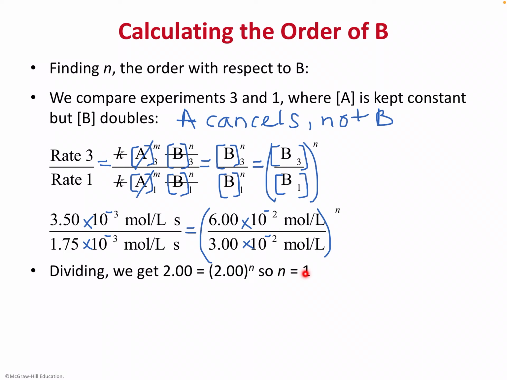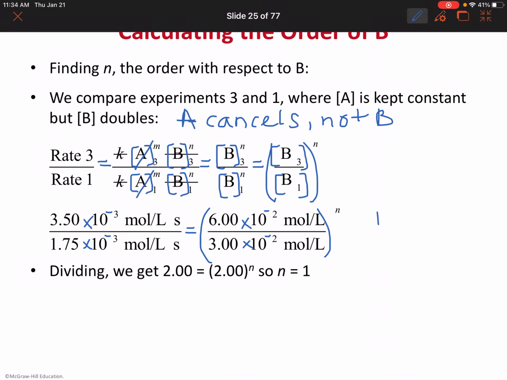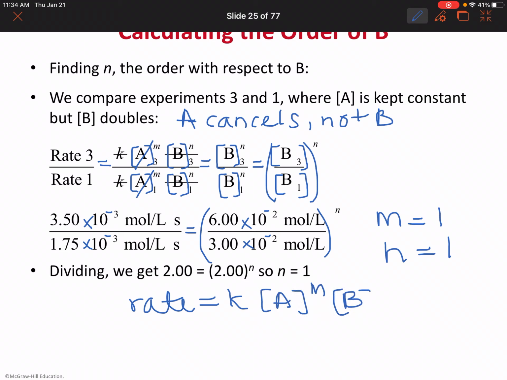So the order with respect to A and B both are 1. Now that we found the order, m equals 1, n equals 1. Remember we wrote the rate earlier, K, A to the m, and B to the n. Now with this experiment, we found the values for m and n, 1, 1.